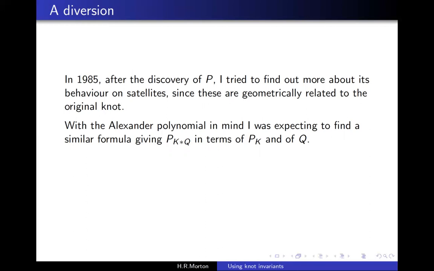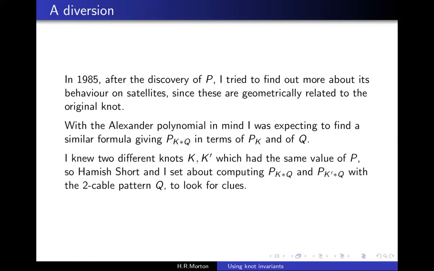That's still an ongoing story a bit, but it's getting much more resolved. But I tried to find out a little bit more about its behavior on satellites because of the geometric relations. And I had very much the Alexander polynomial in mind, so I was expecting to be able to calculate P of a satellite in terms of P of the knot and something to do with Q. I wasn't sure what, but I was thinking that this would be the way it would work.